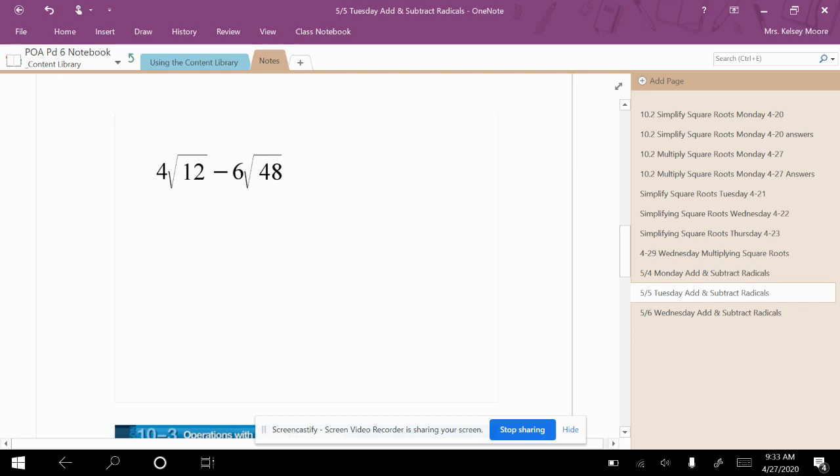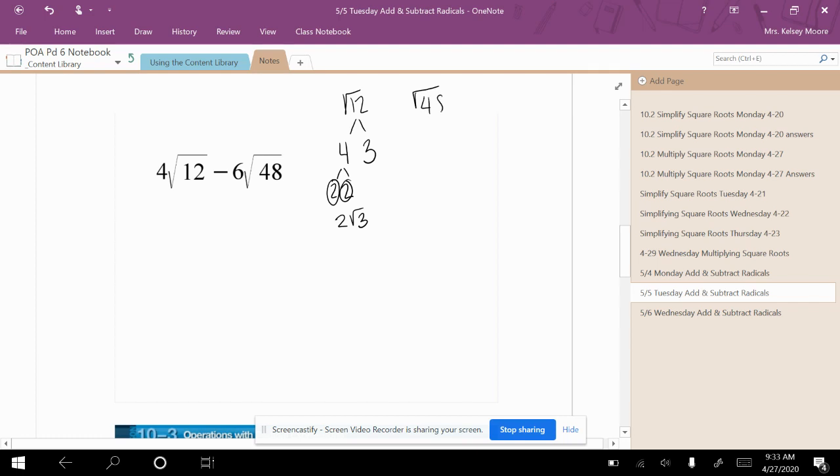Okay, if you take a look at this next example, you have the square root of 12 and the square root of 48. So let's break those apart. The square root of 12 breaks down to 4 and 3. The 4 breaks down to 2 and 2. So I'm going to circle my 2's, and I get 2 square root of 3.